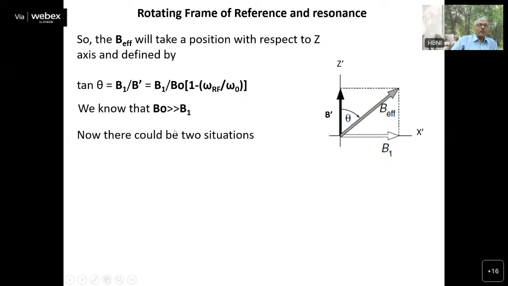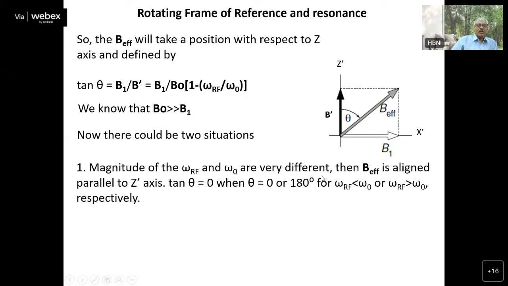Now there could be two situations. One situation is that omega RF and omega 0 are very much different. Let us say in one case omega 0 is much greater than omega RF. Then you will see that tan theta is 0. That means B effective will lie along the Z prime axis. In the other situation, omega RF is very much larger than omega 0.